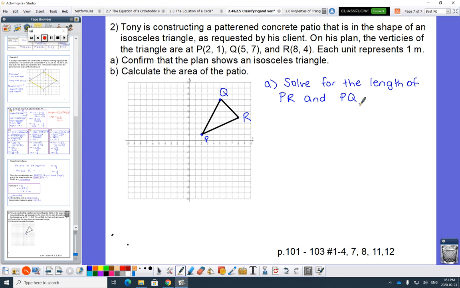However, in order to do area, which it says next, you need the base. So we're eventually going to have to do QR anyways. But for now, let's just do these two.